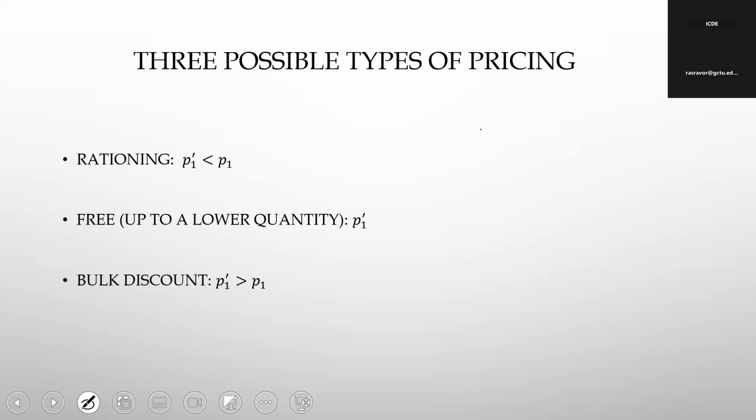Then we have what we call three after a certain quantity, or we have what we call the bulk, or we have what we call the rationing itself. Three of them, depending on whichever one is applied. And this is targeted at price.